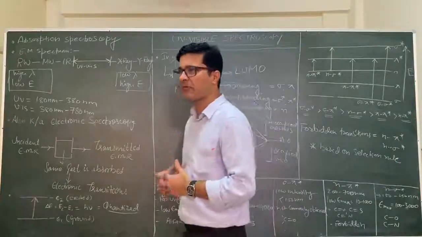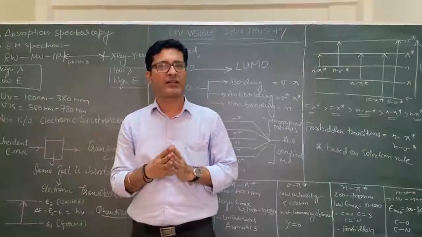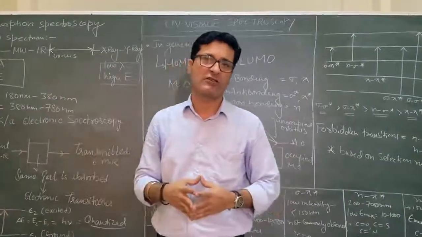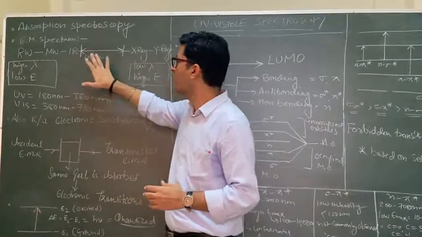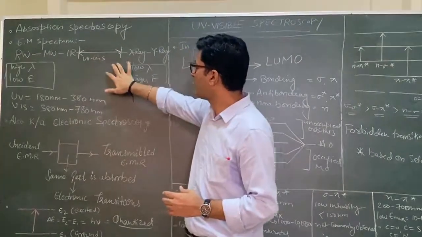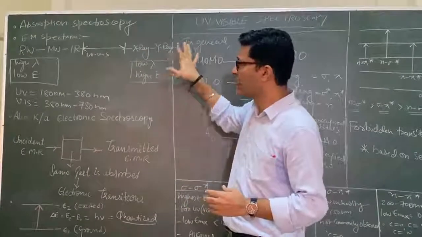As we discussed in the previous lecture, the electromagnetic spectrum generally comprises radio waves, microwaves, infrared waves, the UV visible radiation range, X-rays and gamma rays.